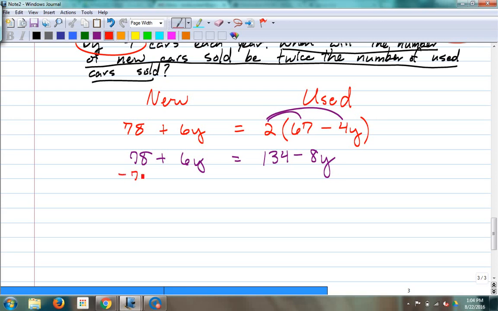Okay, we could subtract 78. 6y is equal to 56 minus 8y. Add the 8y, good. Be 14y.